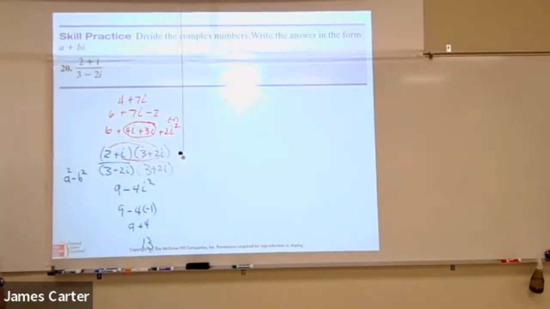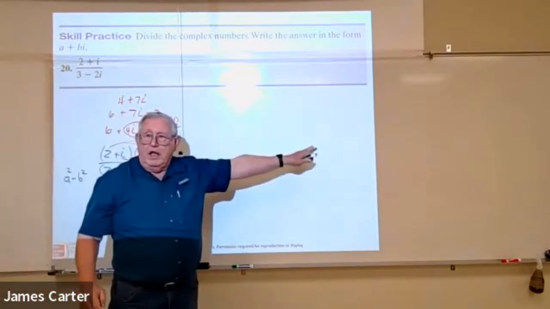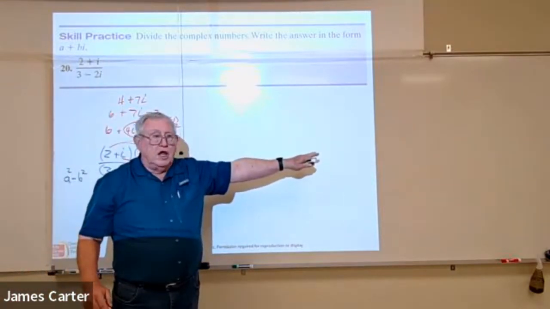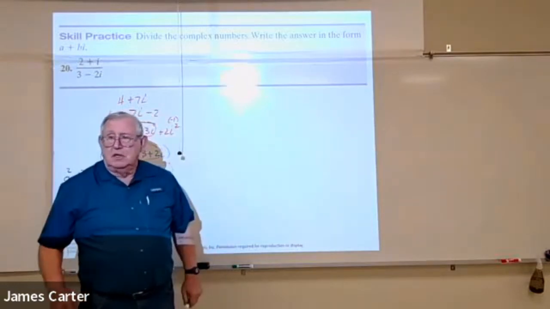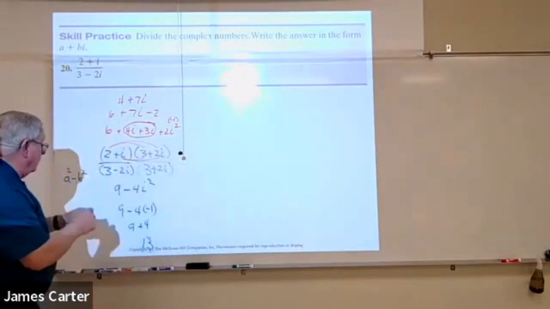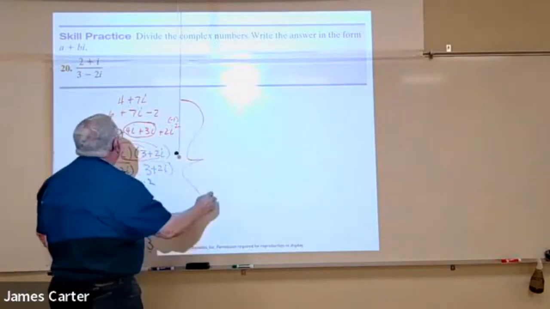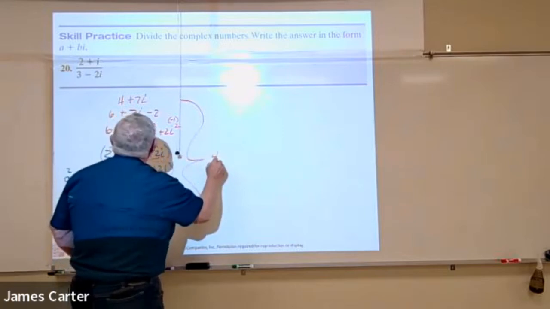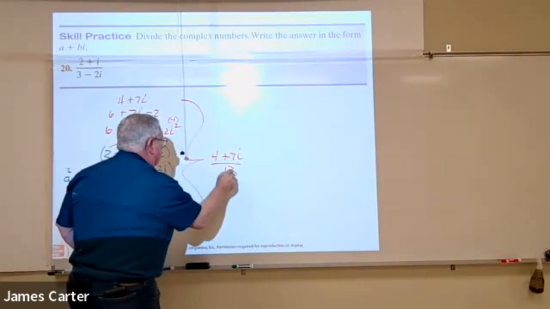Okay. So basically, I've just simplified this. I could have gone that way, but I would have had to do a whole lot of rewriting in the steps. This is just a lazy man's way of doing it, okay? So all of this works out to (4 plus 7i) over 13.